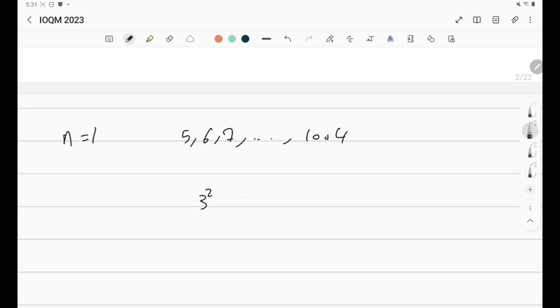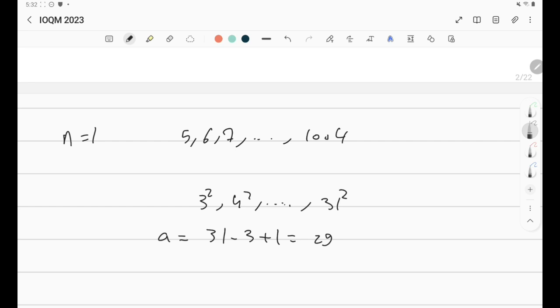And you can easily see that the last perfect square, you can try 30 square, it's going to be 900. So if you try 31, it will also be below that, but 32 will not work, so the last one is 31 square. So that means a is the number of numbers in this list, which is 31 minus 3 plus 1, and that's equal to 29.